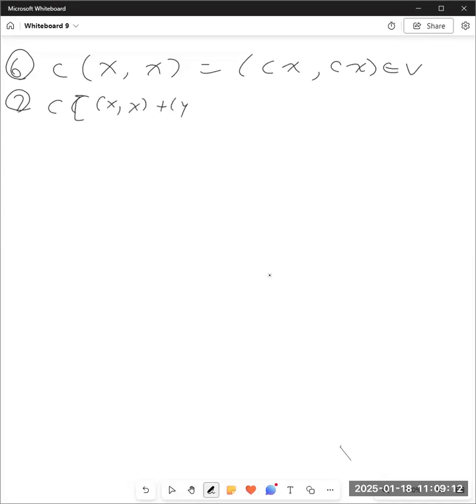multiplication ones now. For 6, c times x is equal to cx, which is in V. 7 is we have c times u plus v, which is going to be x plus y.